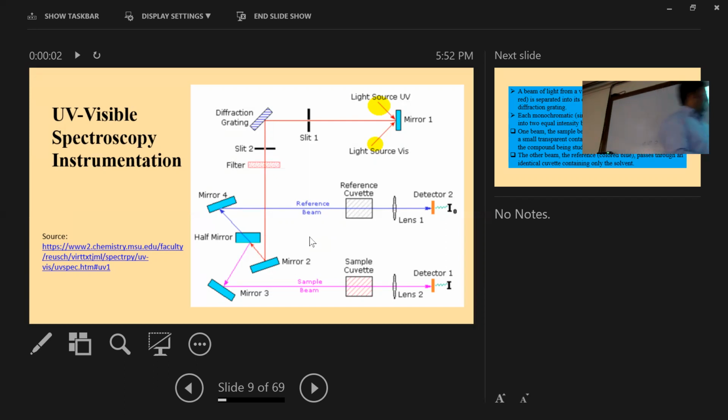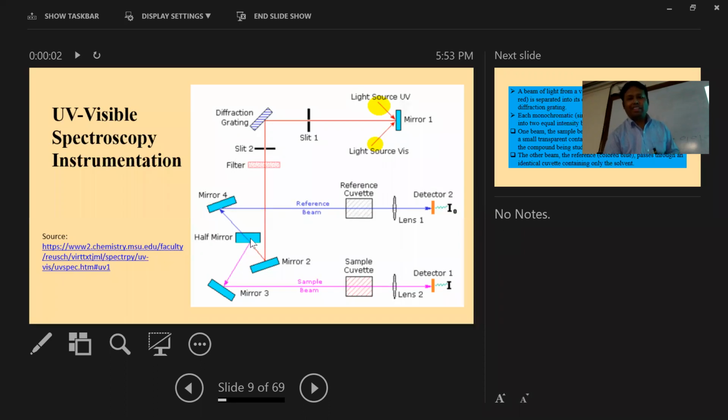So here we have some light coming through this way, and this is our mirror. Most of the light is reflected by this mirror, and then we are using this half mirror. It can let half of the light penetrate.